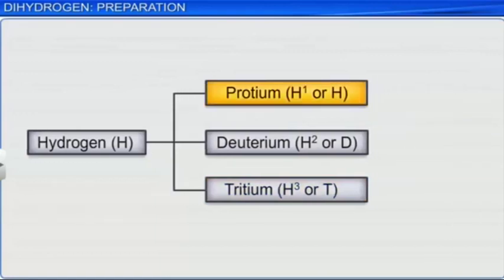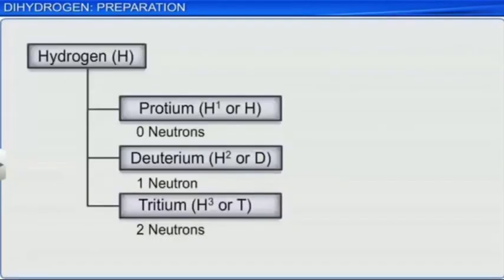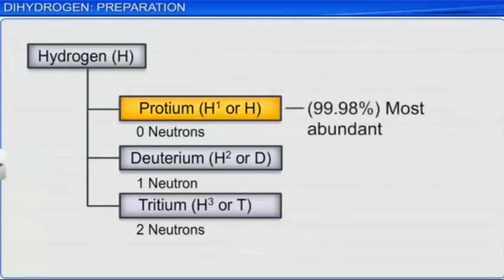Protium has no neutrons. Deuterium has 1 neutron, while tritium has 2. Among the 3, protium, with a concentration of 99.98%, is the most abundant.